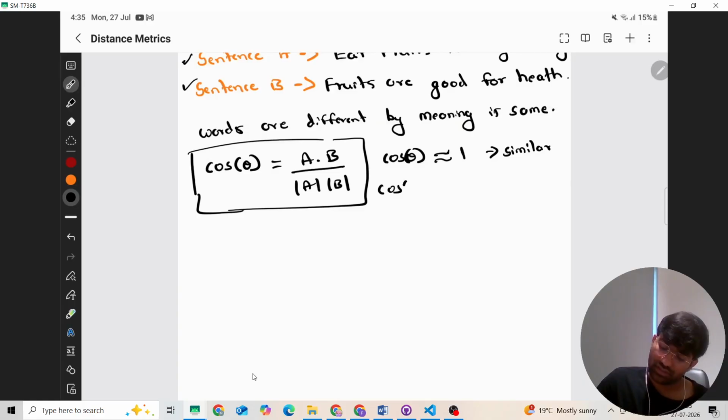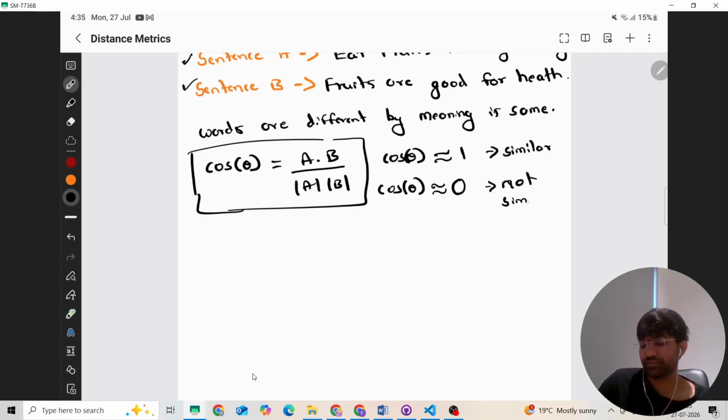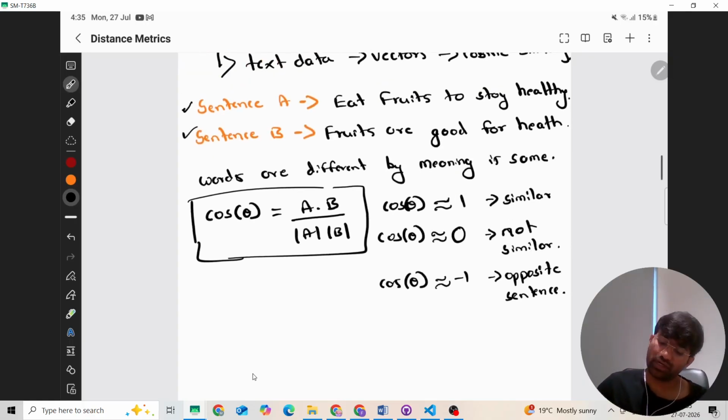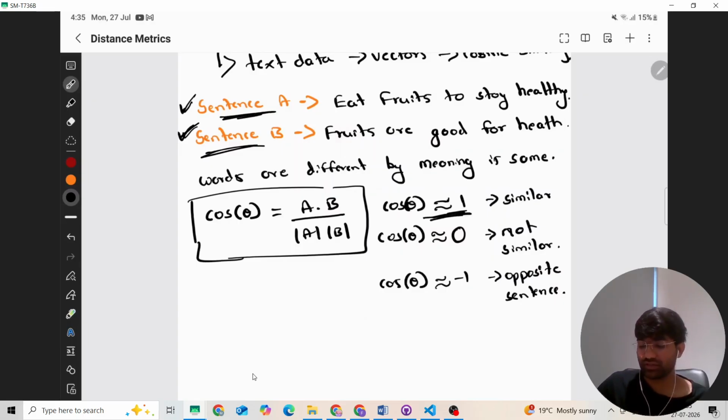If it is near 0, then not similar. If cos theta is near -1, then they are opposite sentences. If we calculate the cosine similarity of our sentence A and sentence B, we will get a value near 1 because they are similar sentences.